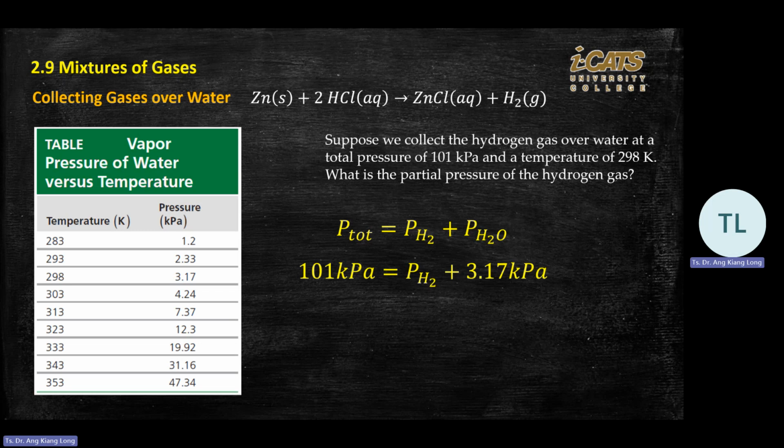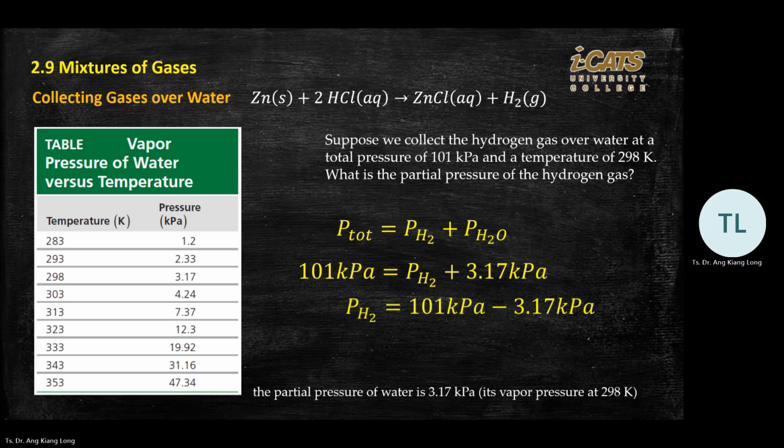If the question requires you to find vapor pressure of water, you need to refer to this table. Different temperature gives you different pressure. So this will be some of the mistakes. If you don't refer to this table, you get the wrong answer. At the end, 98. Rearrange the equation. Partial pressure for hydrogen in this case is 98 kilopascal.